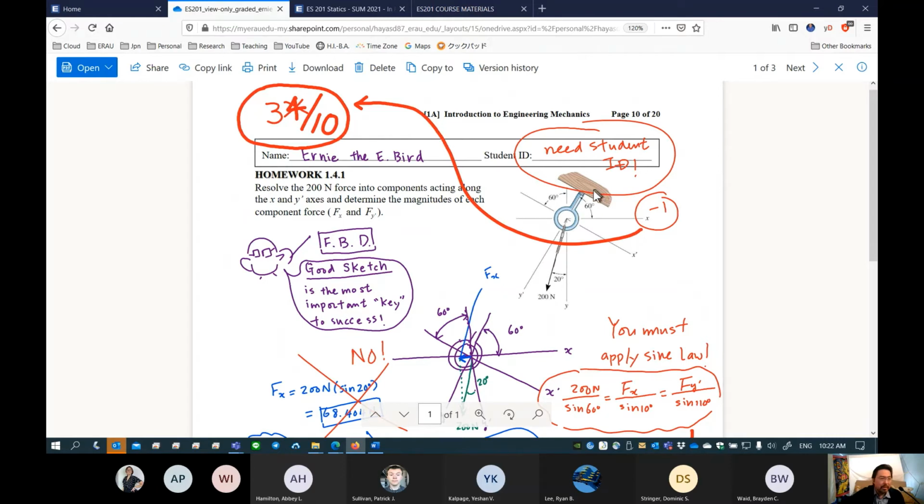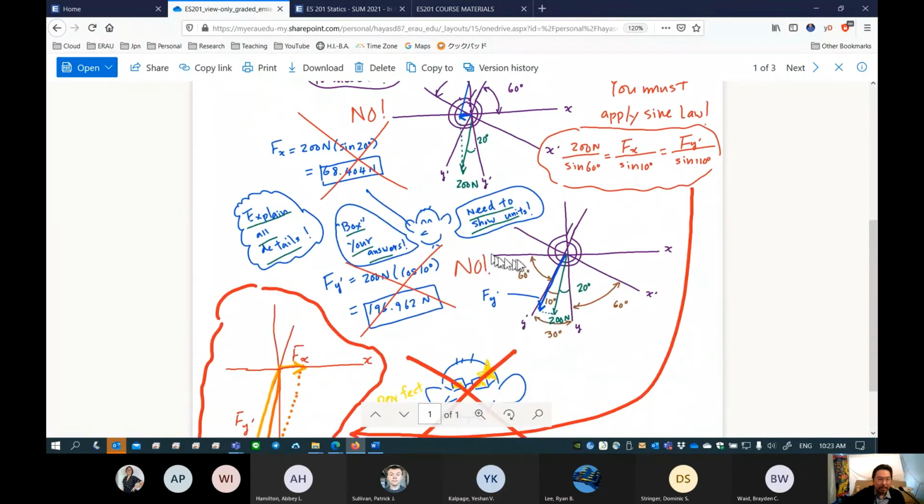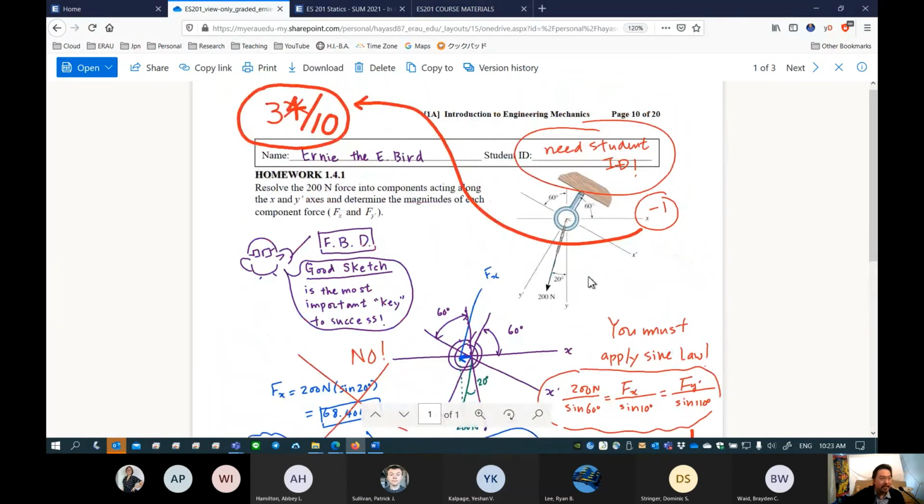But anyways, you have a student ID. So if this is missing, I take a point off. If you don't put your name here, I take a point off. So in a worst case scenario, if you do everything else perfect, you still get 8 out of 10. That's probably the dumbest possible way to lose some points. So be careful about that. Every submittal needs your name and student ID. Every submittal, okay?